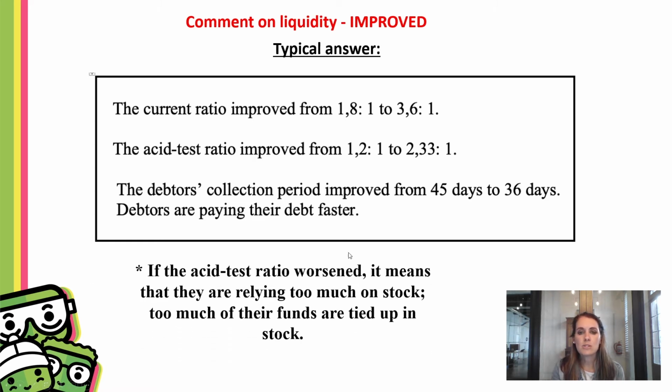If the asset test worsened, it means that they are relying too much on stock. So too much of their funds are tied up in stock. And it's very important to understand this, because they sometimes ask you to just comment on the first two, and instead of the asset test ratio improved, it actually worsened. And the reason why this is so interesting is if the asset test ratio worsened, it means the bulk of their funds are not physical money, but actual stock in their shop.